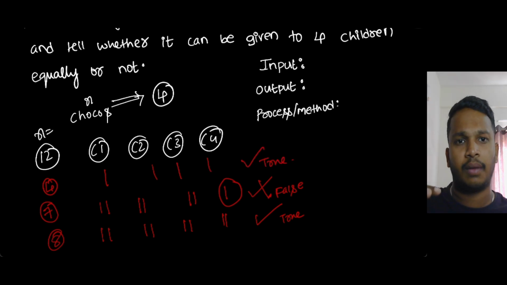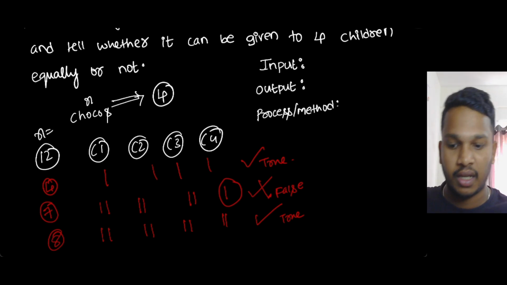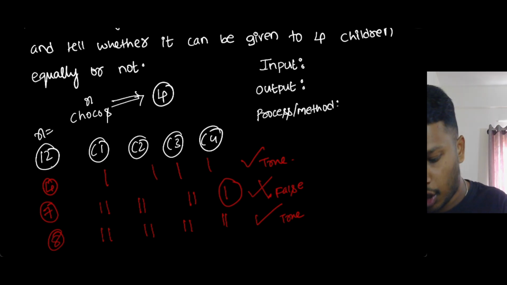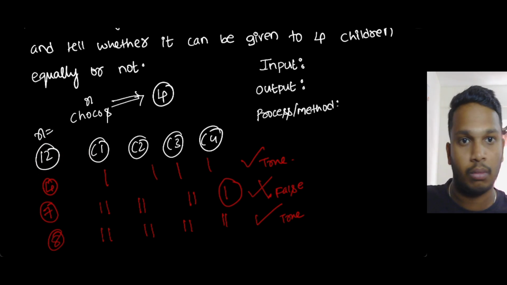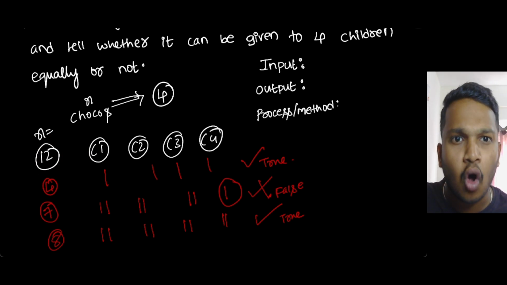Basically, the logic behind this is: if the number of chocolates is divisible by 4, like 12, then I can give to four children. If it is not divisible, I cannot give.